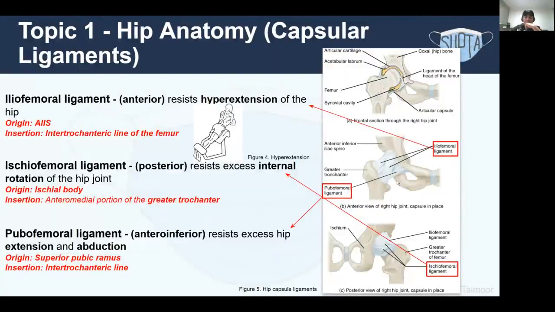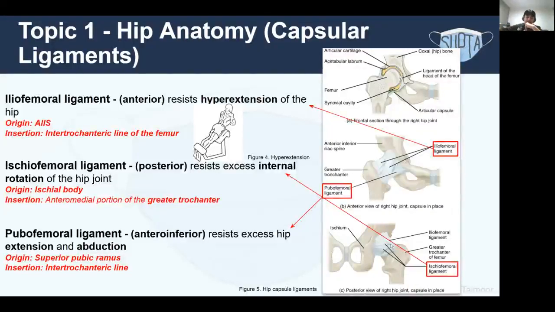Now, the ischiofemoral is posterior, so it's the opposite, but its main function is to resist internal rotation of the hip. It originates from the ischial body, and then it spirals and inserts onto the anteromedial, so anteriorly.